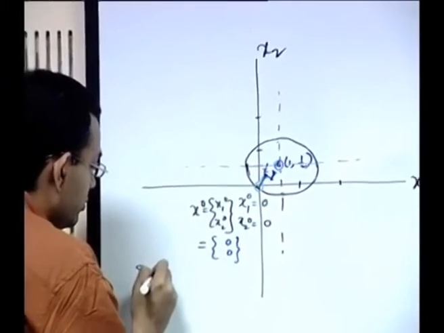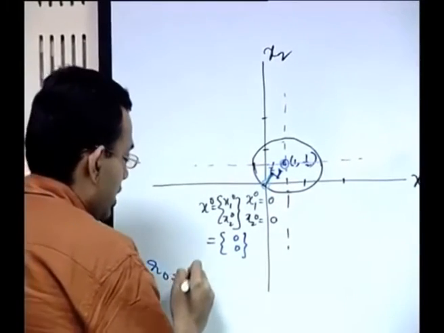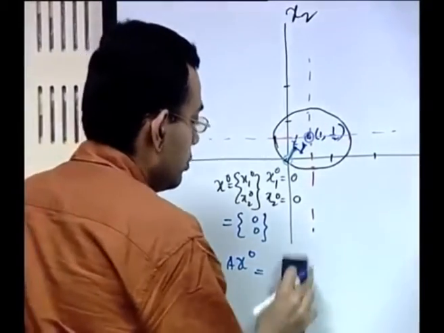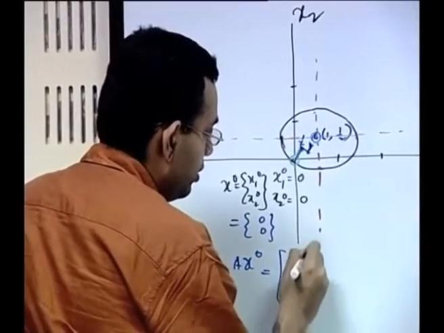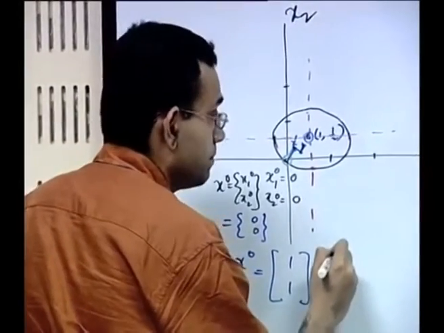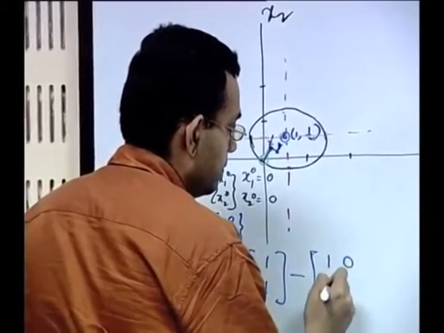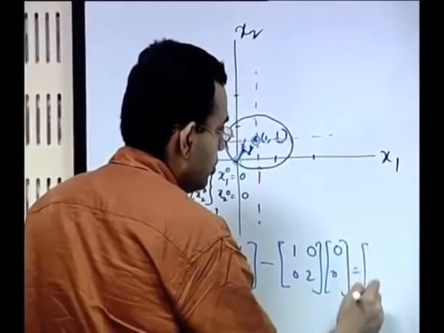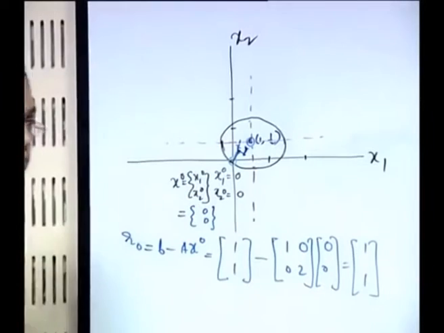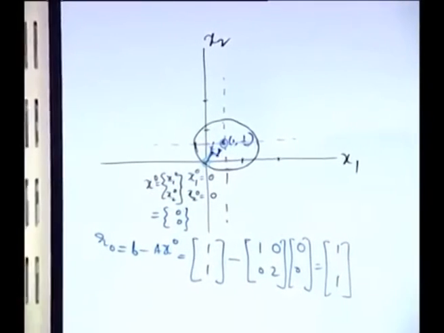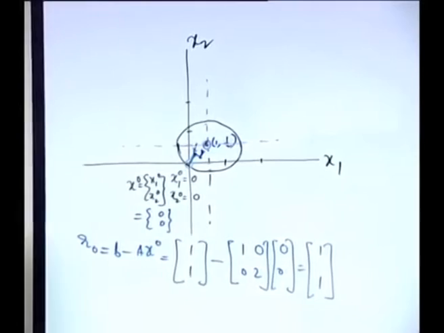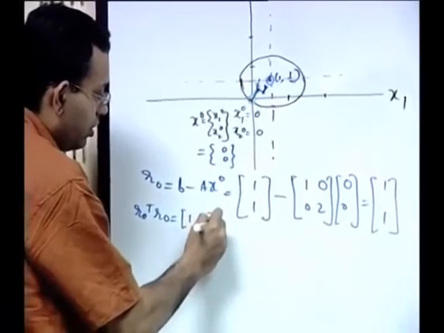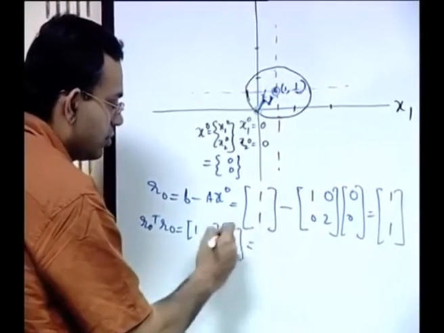So what is R0? B minus AX0. So that is equal to 1 1 minus 0, that is 1 1. So R0 transpose R0 is equal to 1 1 into 1 1, so that is 2.